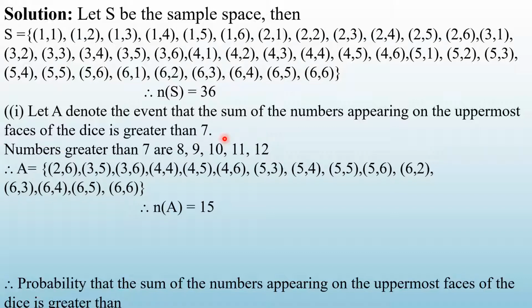What we have to check is the sum of the numbers on both dice, and that should be greater than 7. So greater than 7 means it should be either 8, 9, 10, 11 or 12. Maximum it will go up to 12, because if both dice show 6 and 6, the maximum sum you will get is 12. So from this, find out what will come in A.